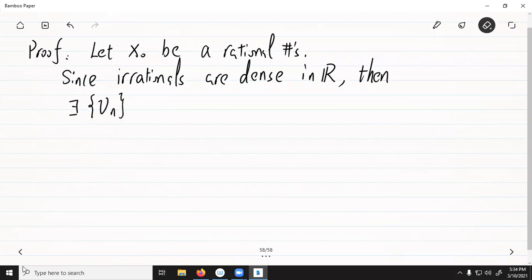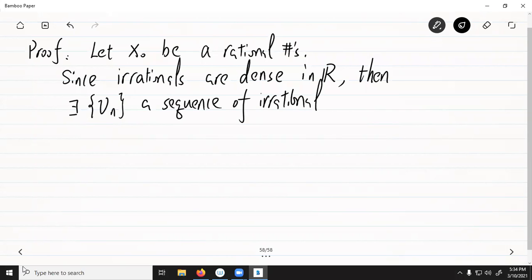Okay, so there exists a sequence of irrational numbers that converges to this x naught, although this x naught is a rational number, right?